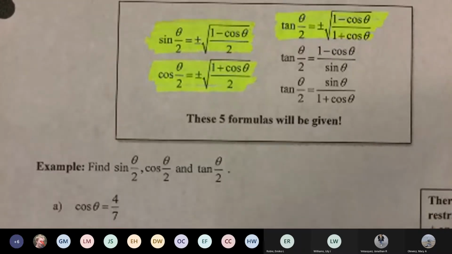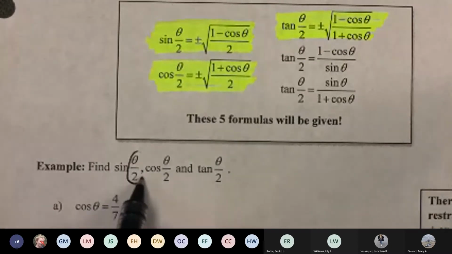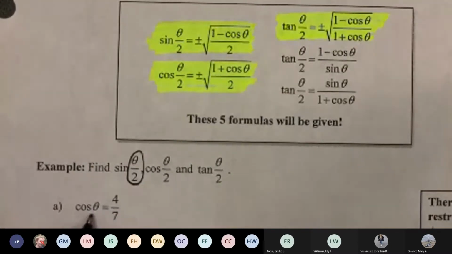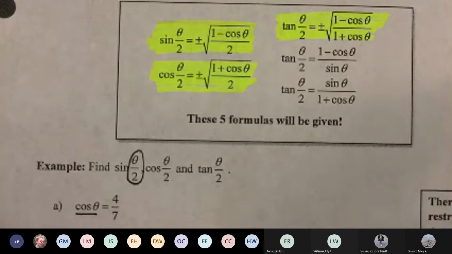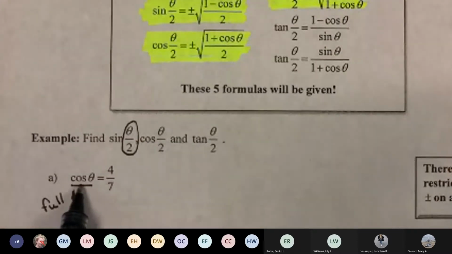Okay, so let's start with the first one. Now, what I want to point out to you is that we're finding the half angle, but we are given the full angle. I'm using the angle symbol from geometry just so I don't have to write the word angle. That is a full angle. So notice that angle is not divided by 2.